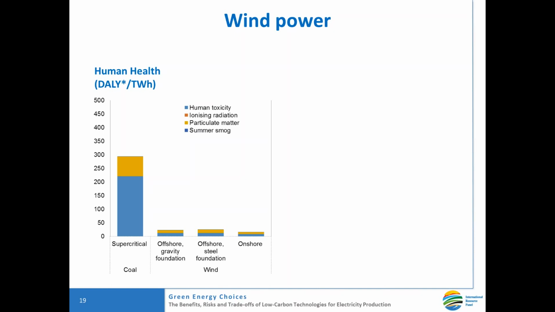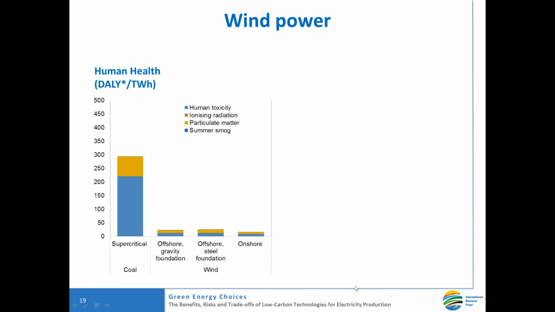And so you can see here, if we generate power with supercritical coal, human toxicity and particulate matter would contribute significantly to the total human health impact.